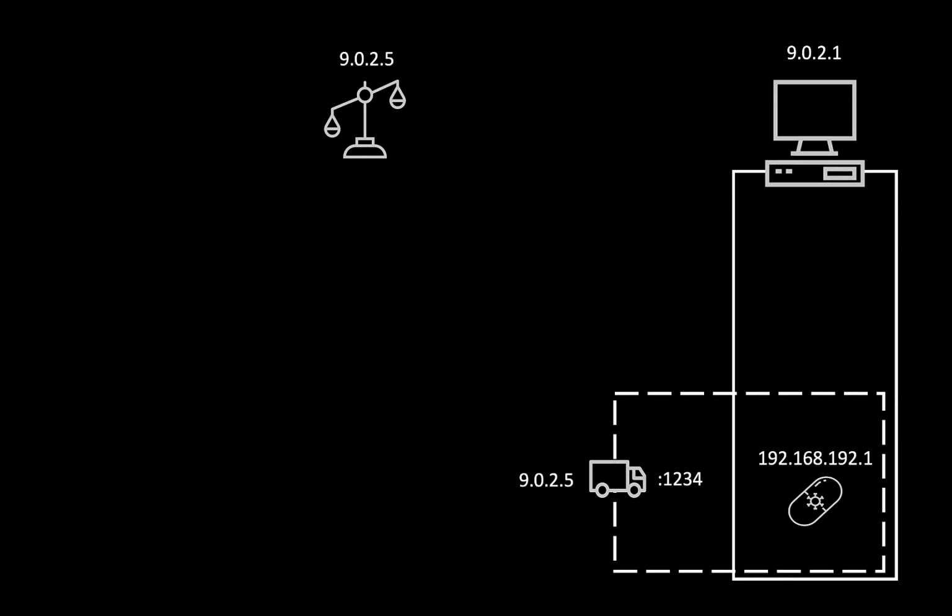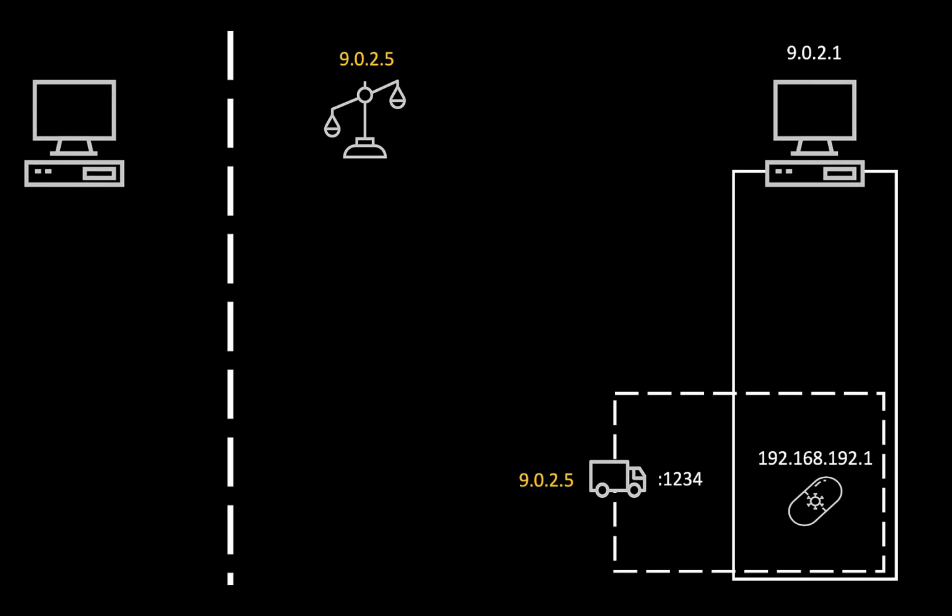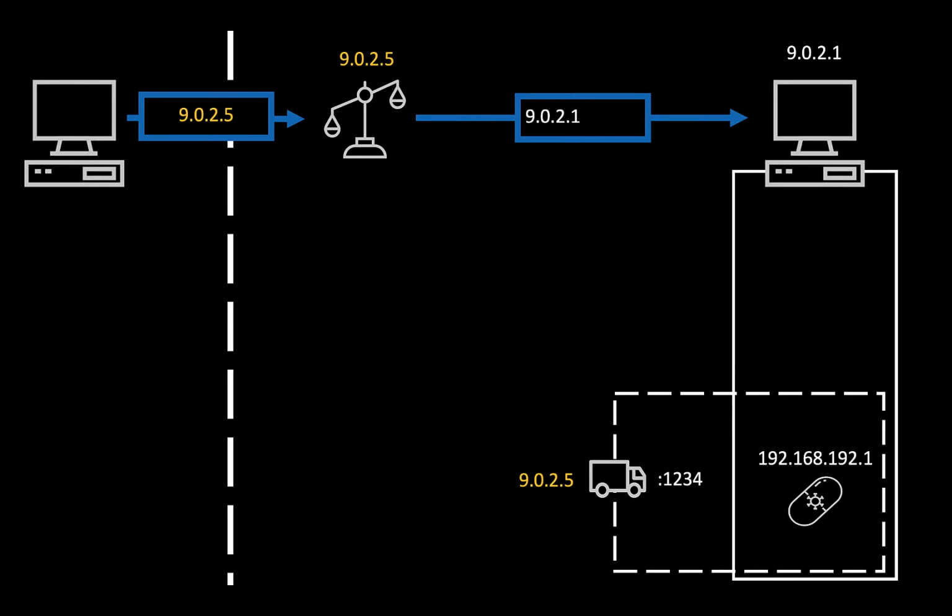The IP address belongs to the load balancer, and the port number identifies the service on the node. So when a client comes in from the outside, it sends a request to that IP address on the load balancer. The load balancer then forwards the request on to the node and specifies the port number of the service. And from there it behaves the same as a node port service. The Kubernetes proxy on the node forwards the request onto the IP address of the pod.